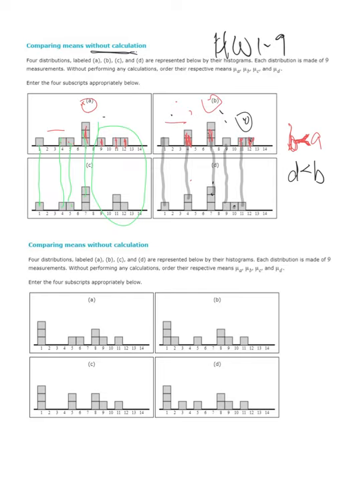C's numbers, if I added them up, would be bigger than these numbers. I don't have to add them up. I can just look at them and say these numbers here are bigger than those three numbers there, which means C is going to be bigger than A. Or say it the other way, A would be less than C.